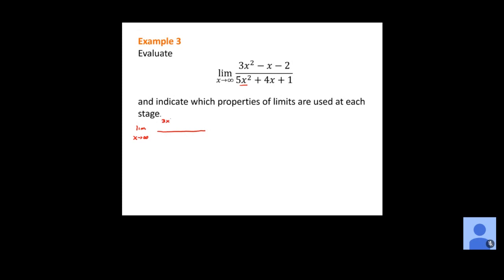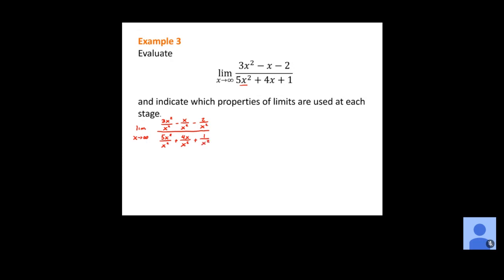We're going to have 3x squared divided by x squared minus x divided by x squared minus 2 over x squared. And then same thing in the denominator, 5x squared over x squared plus 4x over x squared plus 1 over x squared.